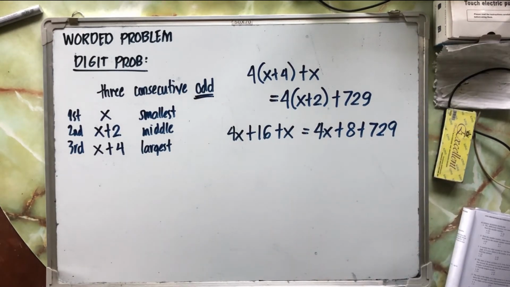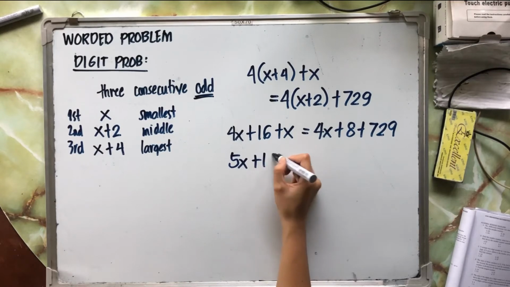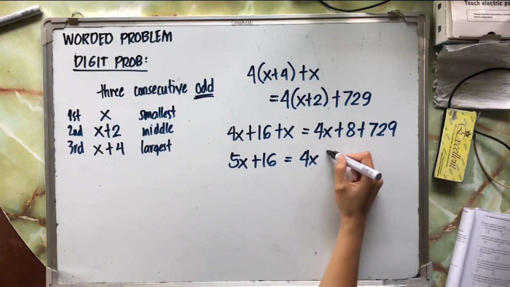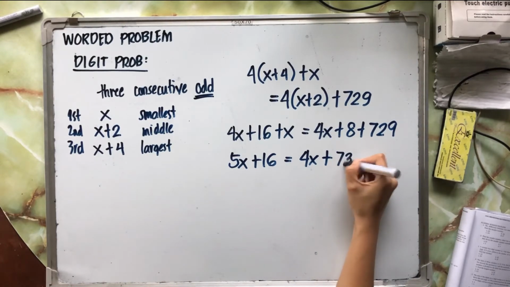I hope you are still with me. So this would be 5x plus 16. And this is 4x plus, how much is it? 729 plus 8 is 737.